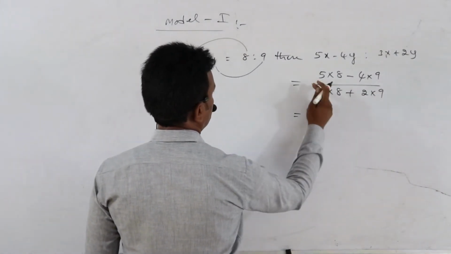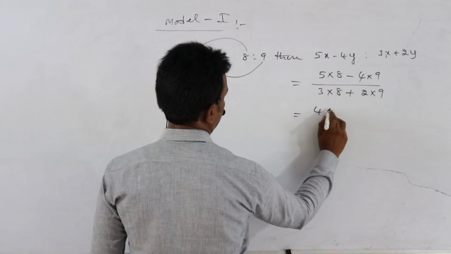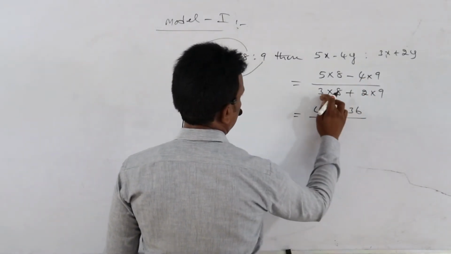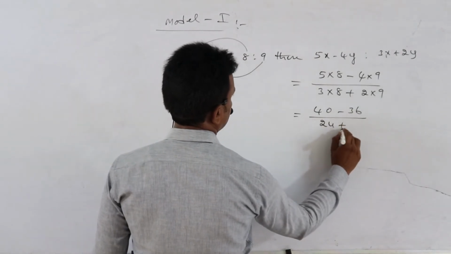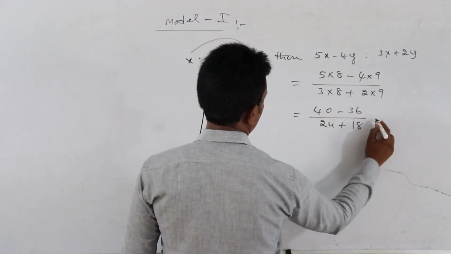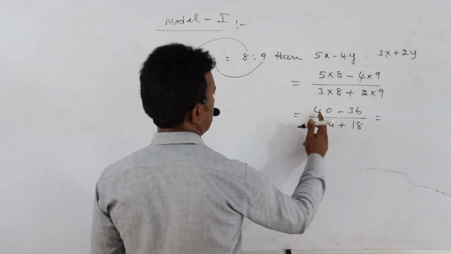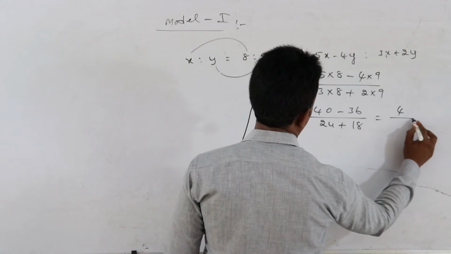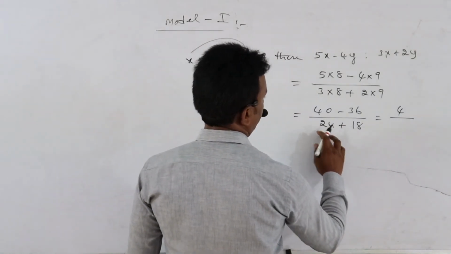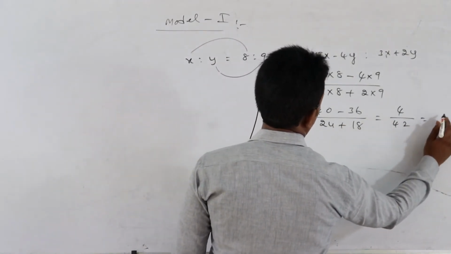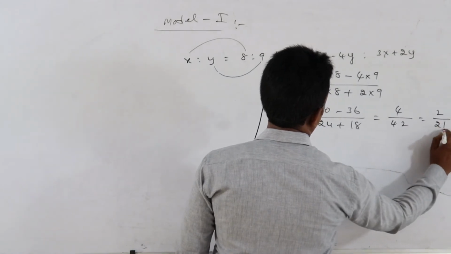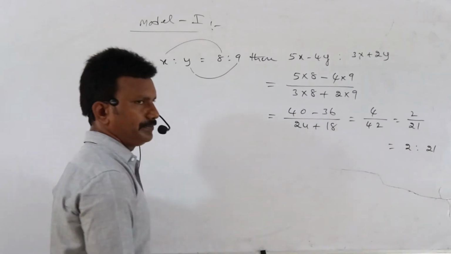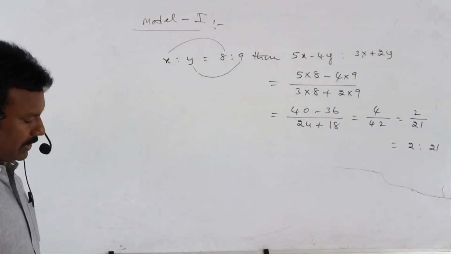So 5 eights are 40, 4 nines are 36, by 3 eights 24 plus 18. The difference 40 minus 36 is 4, by 42, that equals 2 by 21. The final ratio is 2:21. Right?